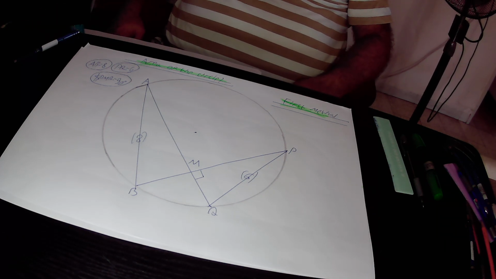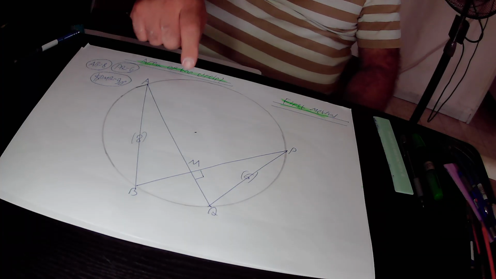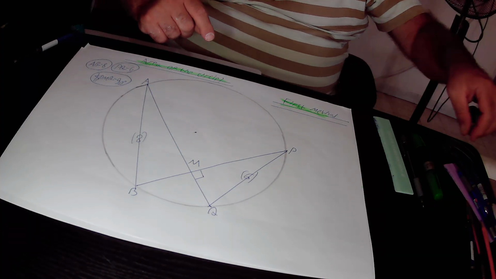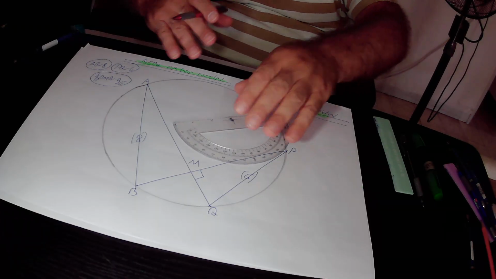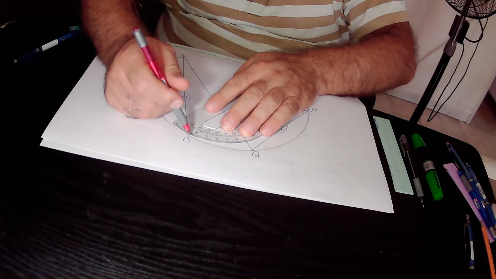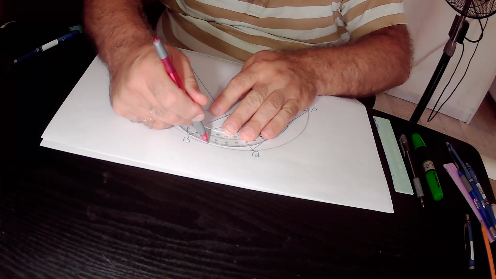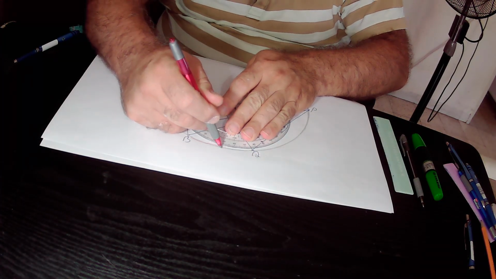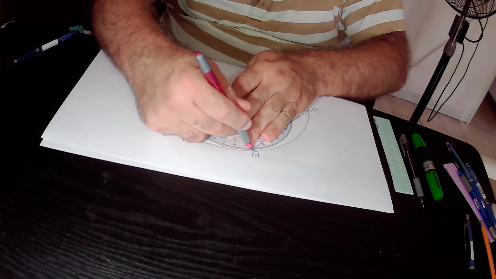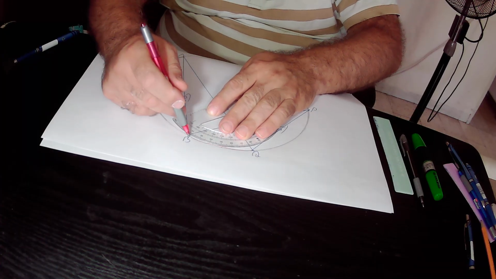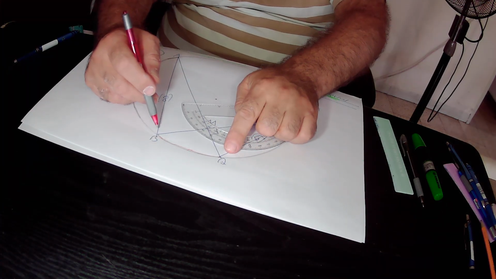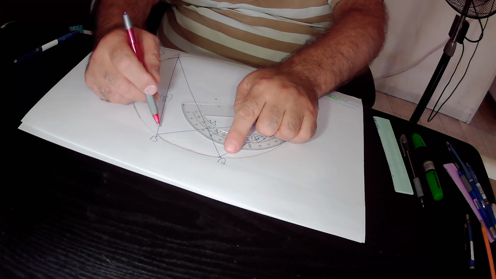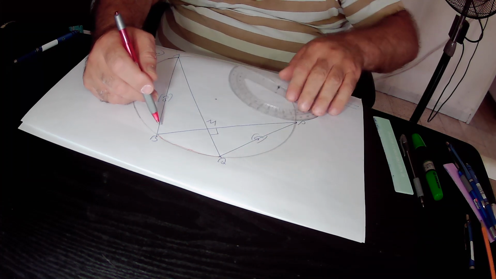Well, if we focus on arc BQ, this is the red curve, that is arc BQ.